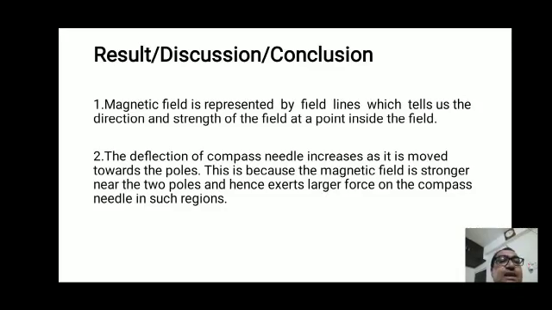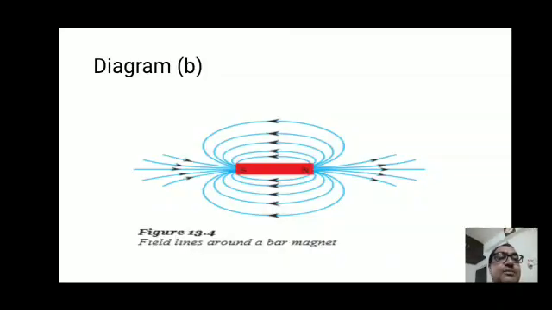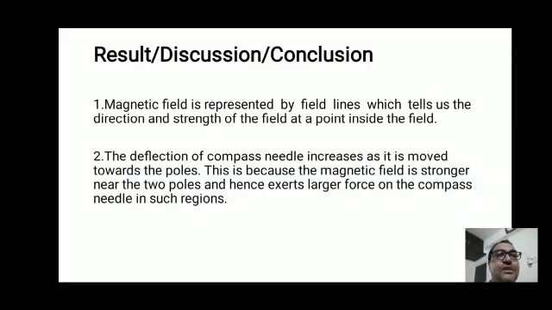This is because the magnetic field is stronger near the two poles and hence exerts a larger force on the compass needle in such regions. And students, you can see it in the diagram also, nearby the poles of the magnet, north pole and south pole. Here there are strong magnetic field lines. And students, no two magnetic field lines intersect each other.